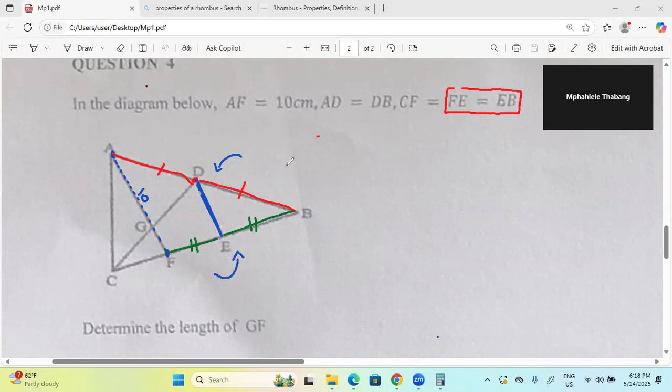So it means that AF is parallel to DE according to the midpoint theorem, and also AF, which is longer relative to DE, we say AF equals 2DE, which means that since AF is 10, DE is going to be 5.